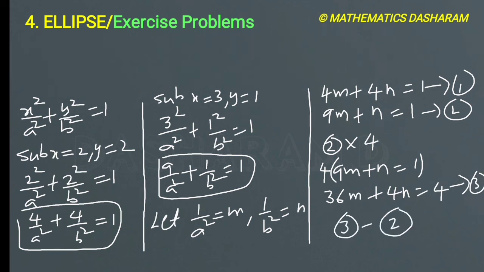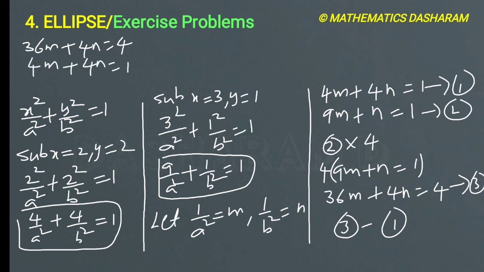The equation 3 is 36m plus 4n equals 4, and equation 1 is 4m plus 4n equals 1.